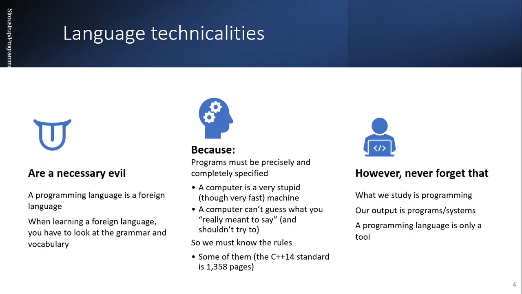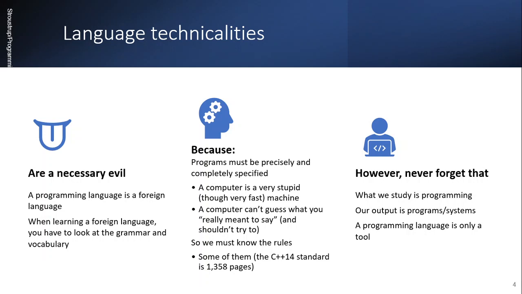This is important, and particularly important for computers. Why? Because programs must be precisely and completely specified. You have to specify precisely what you want exactly, and you have to be able to specify it completely. Computers, unlike the common perception, are not intelligent machines.